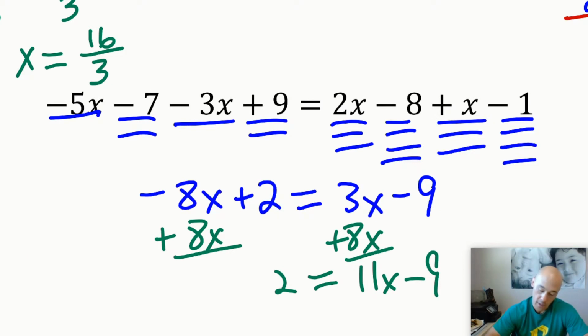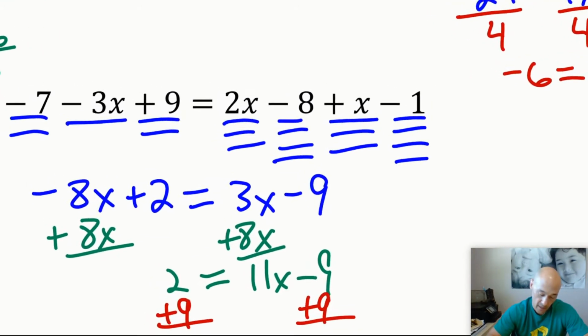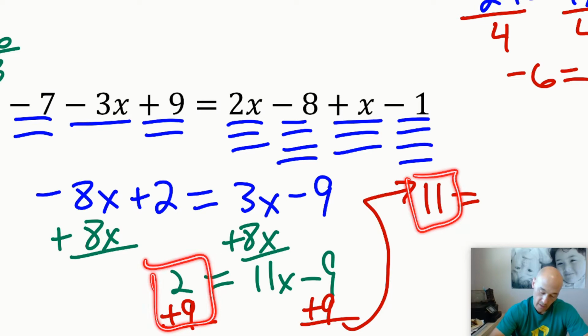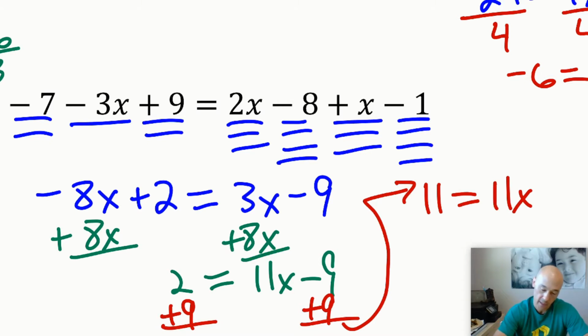On this next step, I'm going to add 9. And the result of that is going to go right here. So on the left, we have 11, because 2 plus 9 is 11. And on the right, we have 11x, and this makes a 0. So 11 equals 11x.